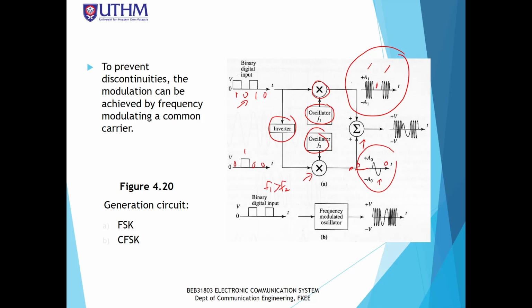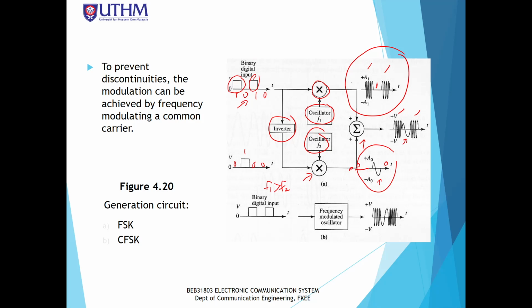Okay, so dia akan jadi seperti ini. So high frequency, low frequency, high frequency, dan seterusnya. Input logic 1 menghasilkan high frequency, logic 0 low frequency, logic 1 high frequency.